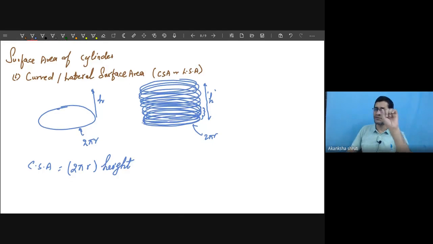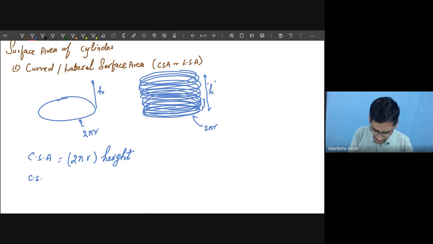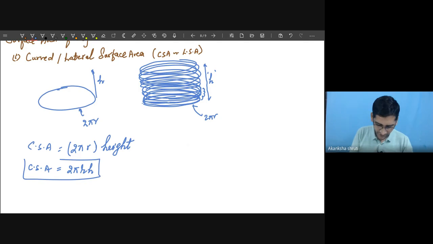Because one ring has the outer surface boundary length as 2 pi r, and that is placed one over another up to h times. So the entire surface area is obtained by multiplying by h. Therefore, CSA is given by the formula 2 pi r h. This is the formula.